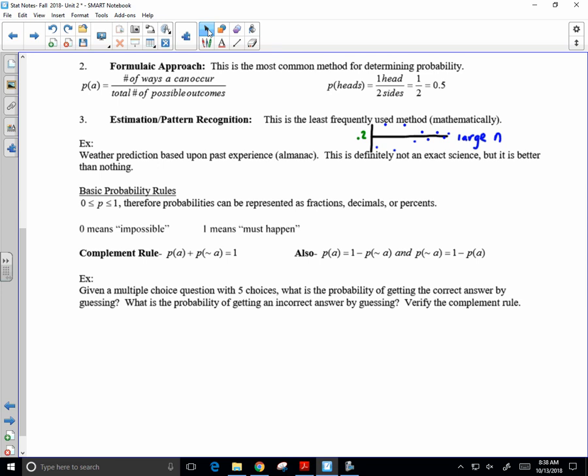How would a negative fit into this concept? I don't see it. I'm saying 0 and 1: 0 means impossible, 1 means must happen. This is the same as saying 0% of the time, and this is saying 100% of the time.